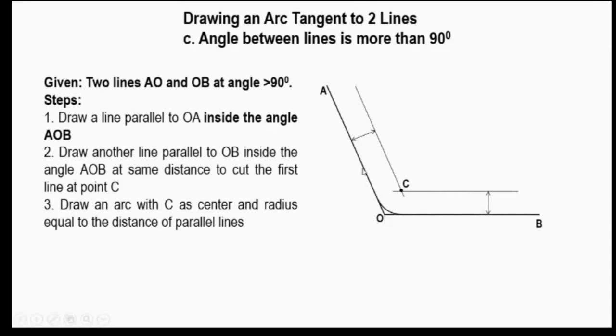Again, the lines OA and OB are tangent to this arc, this small arc that you can see here. Depending upon the distance of the parallel lines, we can have infinite number of arcs such that the lines AO and OB are tangent to the arc.